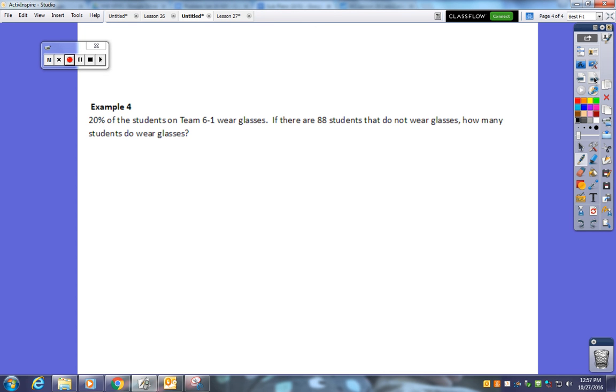So the first thing is we are looking for the number of students that wear glasses. We are given the percent that wear glasses. However, the number given to us is the number that do not wear glasses. So this one is actually going to require subtracting twice.